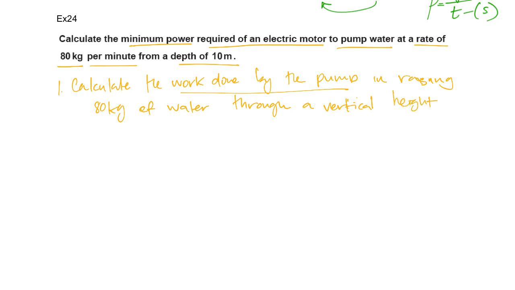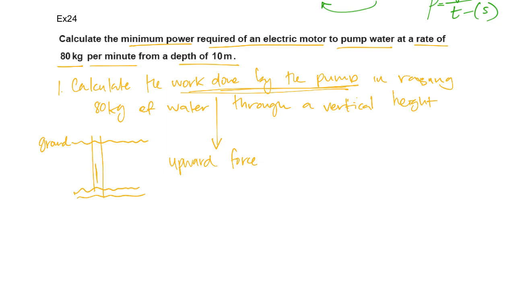Alright. So what we need to understand here is when we have work being done by the pump, there is an upward force. To get the water from underground, that's the ground, you have water that's here. And now you're going to pump the water up the water pump.